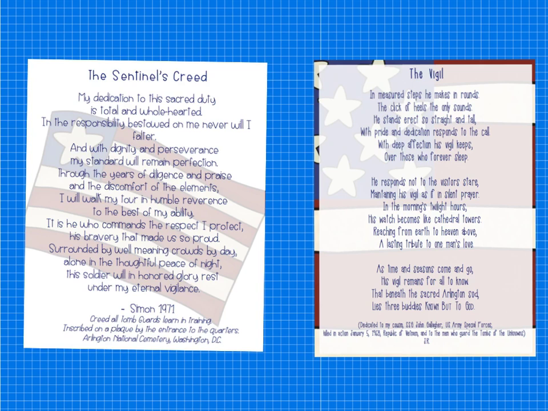Now looking at the 2 poems side by side, it is clear that the Sentinel's Creed is our free verse poem. And it's very clear that the Vigil is our poem arranged in clear, distinct lines and stanzas. But it is also the poem that has these rhyming couplets. So those are 2 ways that we can compare these poems.